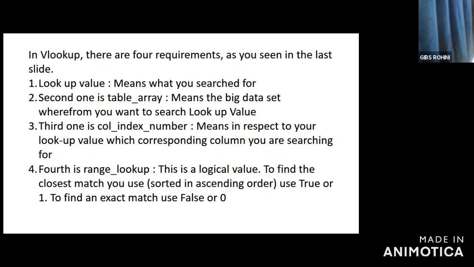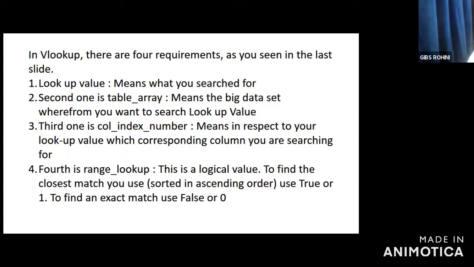First, lookup value. That means what you want to search. Suppose I am searching a name from one table and a similar name is available in another table. So in my table 1, Shalini's name is in E5, whereas in another table it is at E100.